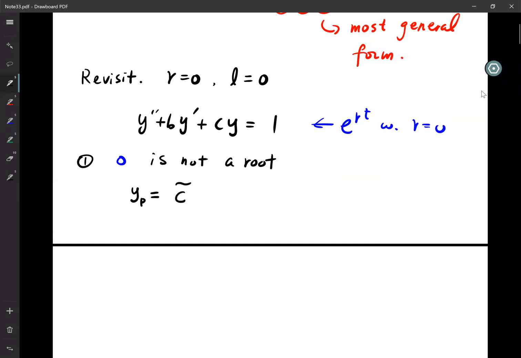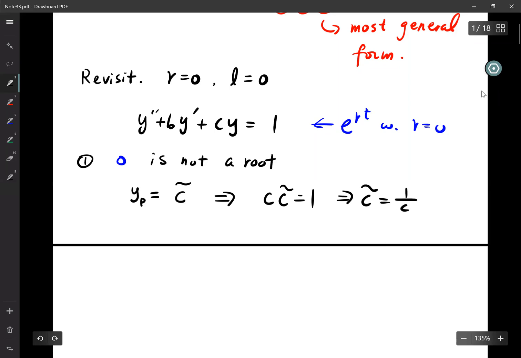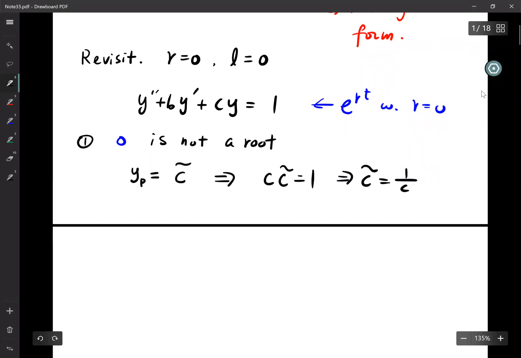If this is the case, I just plug into the equation, and I find that c times C tilde is just 1. And so C tilde is 1 over c, where c is this constant.